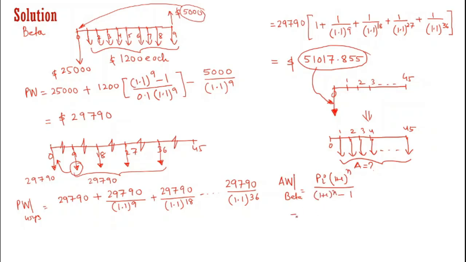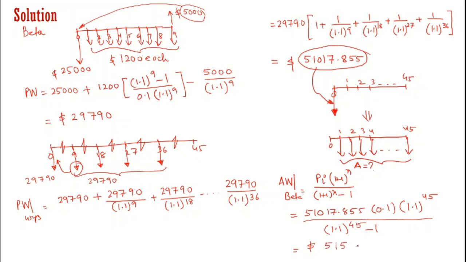If I write down the numerical values, it will be 51,017.855, i is given as 0.1, 1.1 to the power 45 over 1.1 to the power 45 minus 1. If I compute this, this comes out to be $5,152.8.